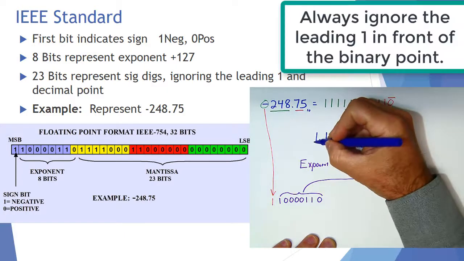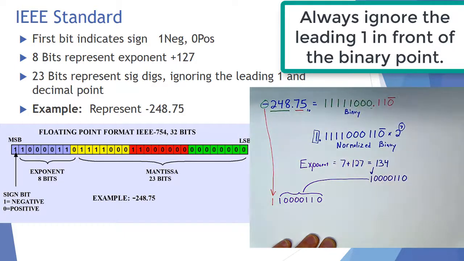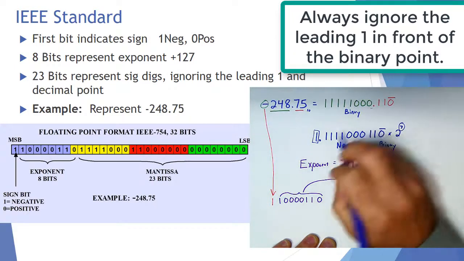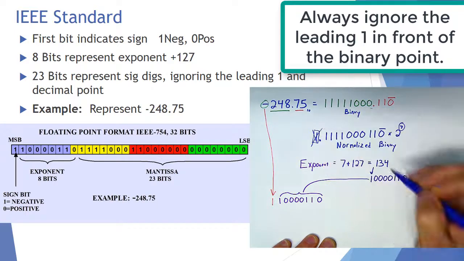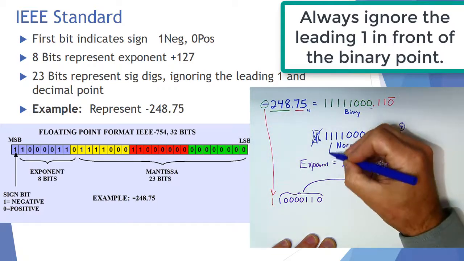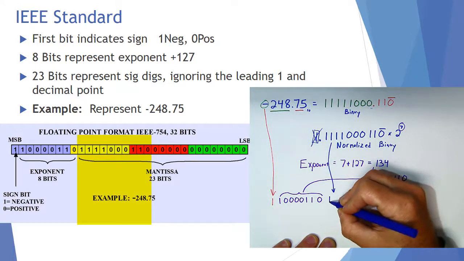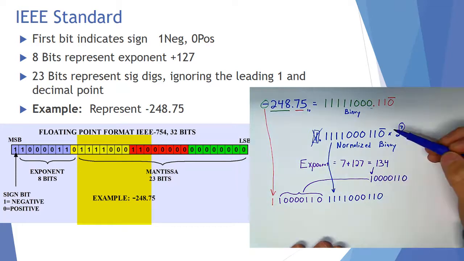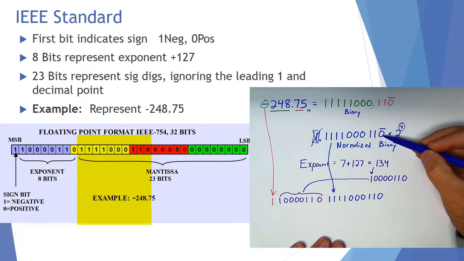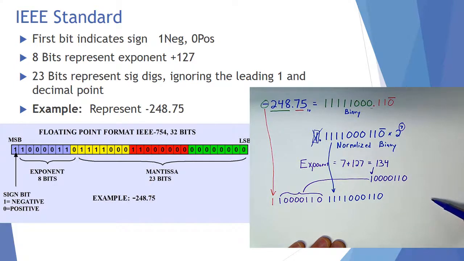But when we're in normalized binary form, this number in front always will be a 1, every single time. And so since it's always a 1, we don't need to specify that. We can ignore that and take the rest of these digits and put them down here. Now, I've moved all the digits down here, but we have 23 digits available to us.